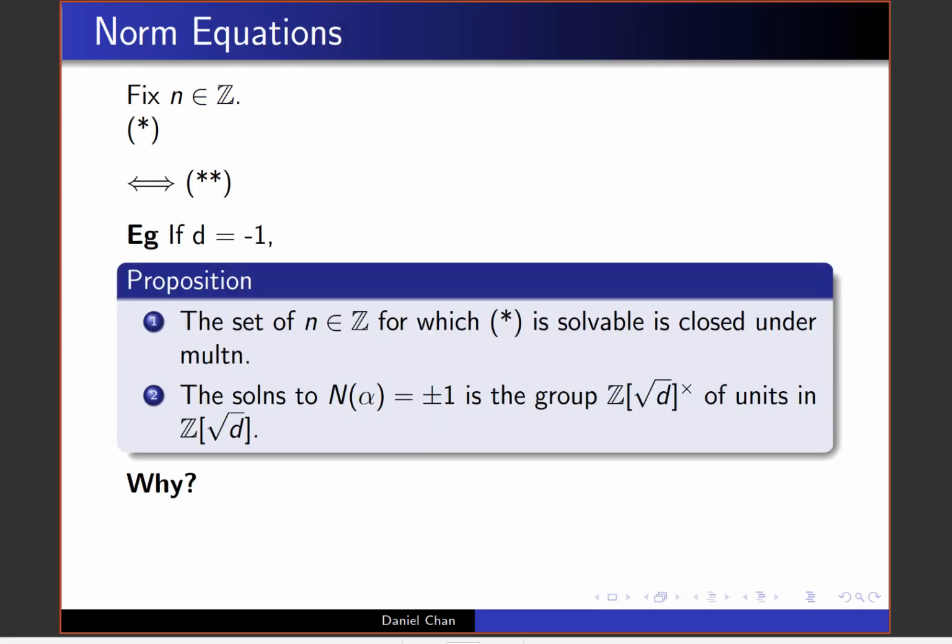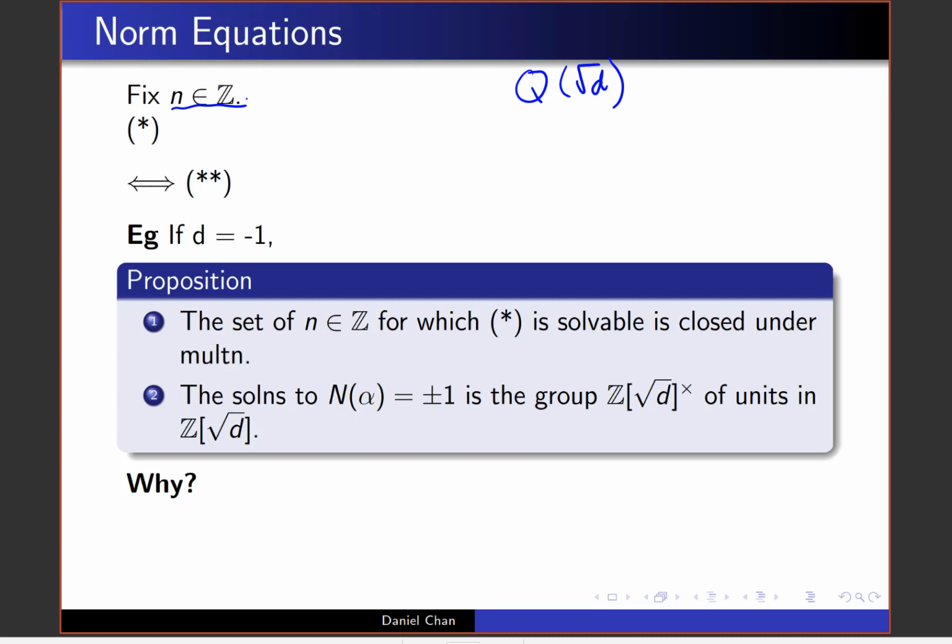And more generally, what I want to do here is introduce the notion of norm equations. We have the same notation as before, a quadratic field extension Q(root D). Now we're going to fix n, an integer.